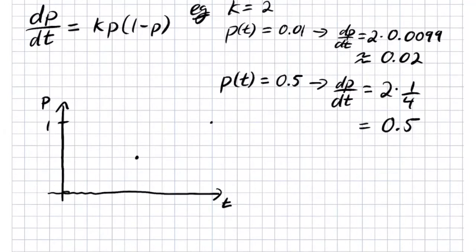It'll start off increasing rapidly, so we see that exponential growth initially, but then at some point it reaches this inflection point and tapers off. So that's what the solution looks like.